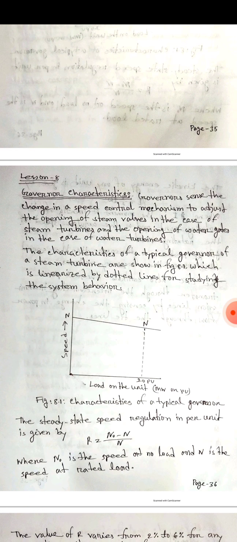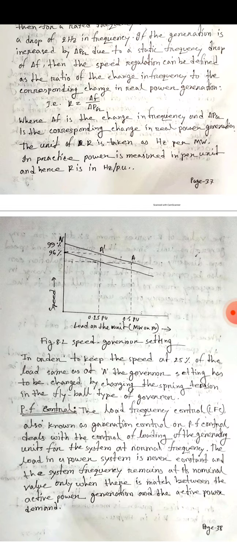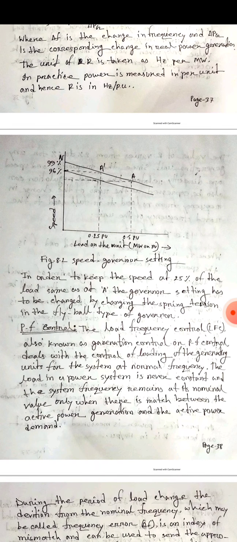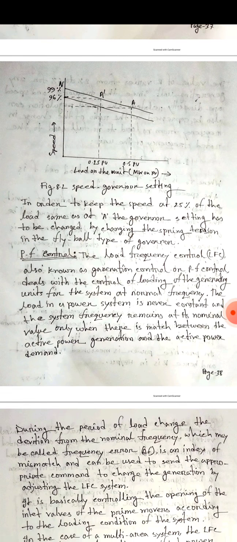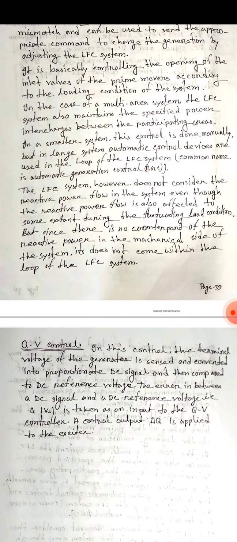Lesson 8, governor characteristics. This figure 8.1 shows characteristics of a typical generator, and this figure is the speed governor and PF controller, and this topic is the QV controller, and its discussion, and generator controller, PF and QV controller.